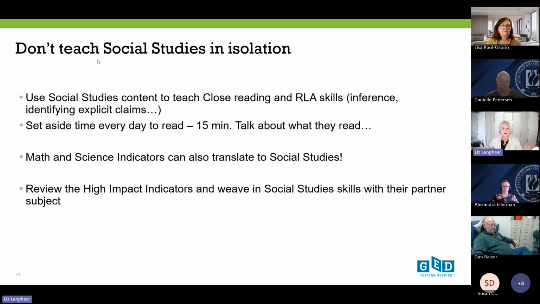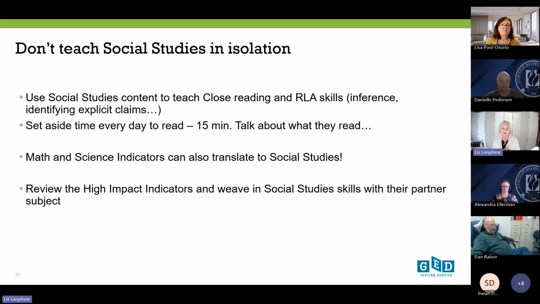Biggest tip I got for you is to not teach social studies in isolation. We rarely did social studies lessons. We brought social studies to our other work. And so that's why I started with the close reading. You can teach close reading and the RLA skills, inference, identifying explicit claims, and so on.